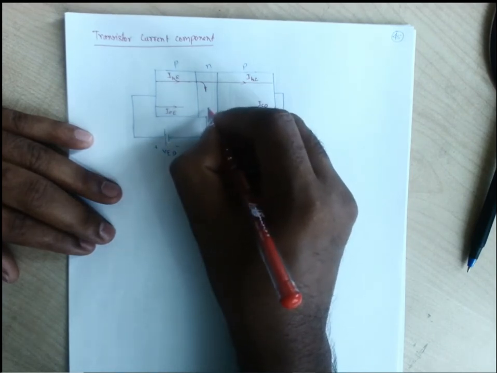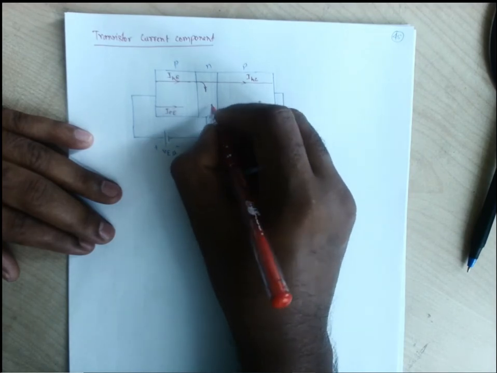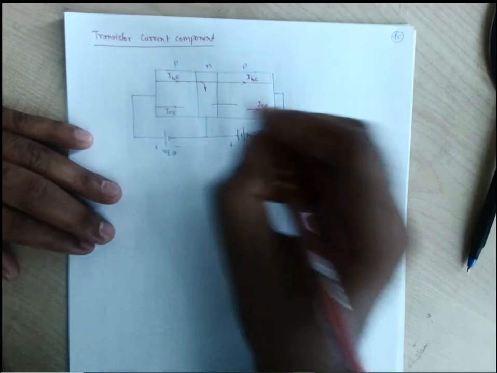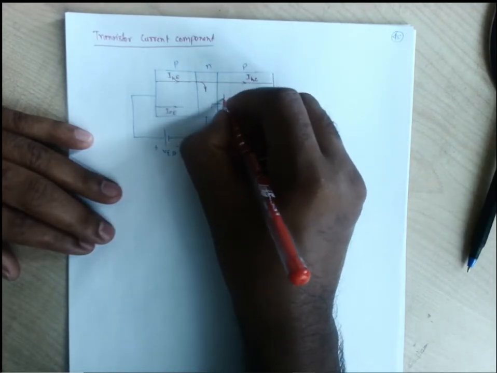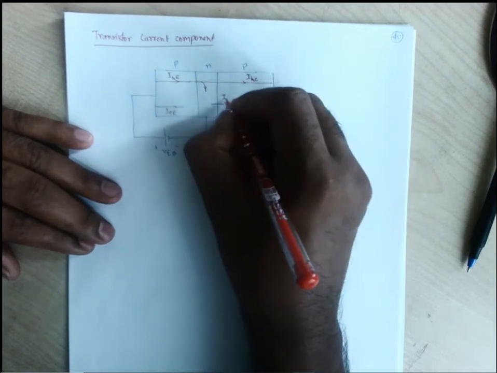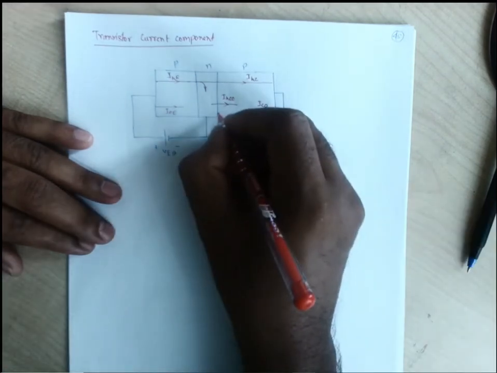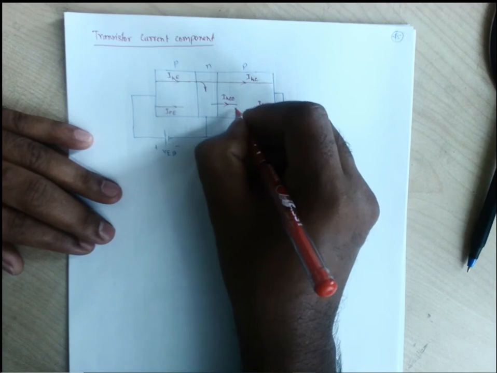The holes coming from the base to the collector will have the same current direction. We can say this is the current due to the holes from the base to the collector, that is IHCO. And another current is the flow of electrons from collector to the base.